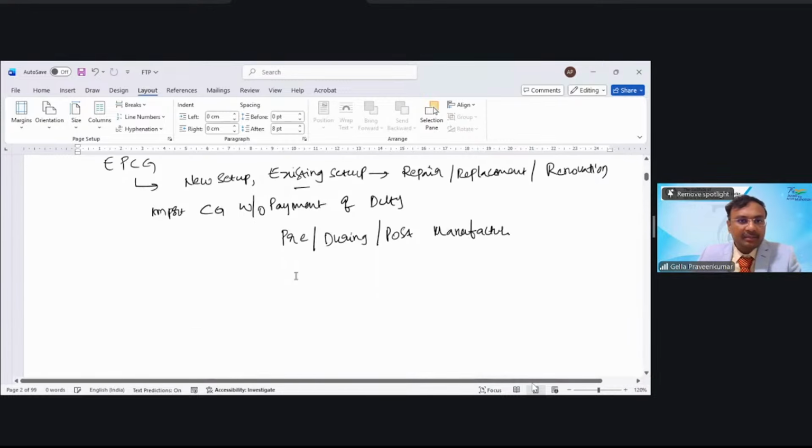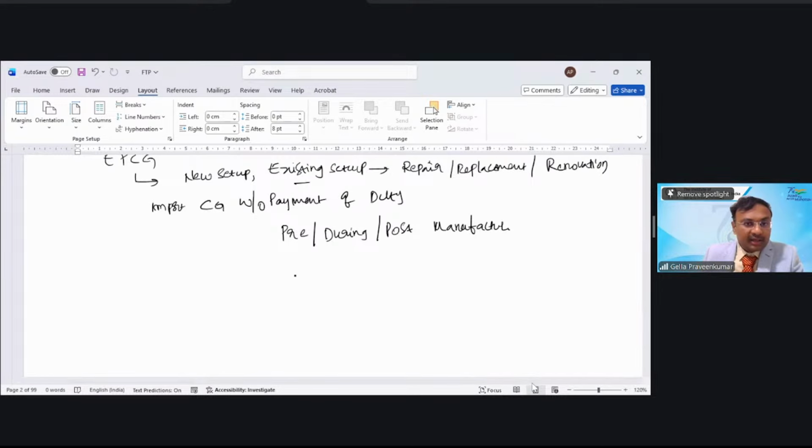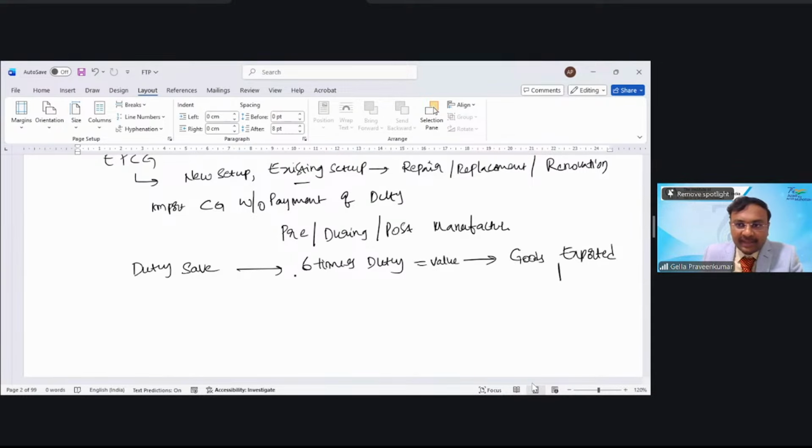So here the modus operandi works like this. Whatever duty you save, 6 times the duty is the value of goods that have to be exported within a span of 6 years.